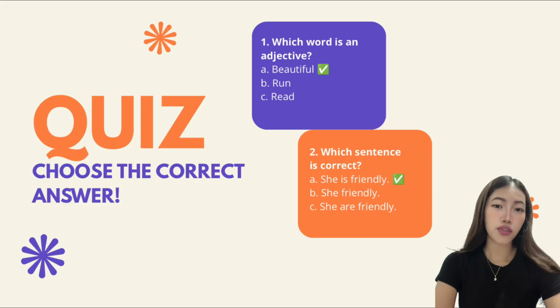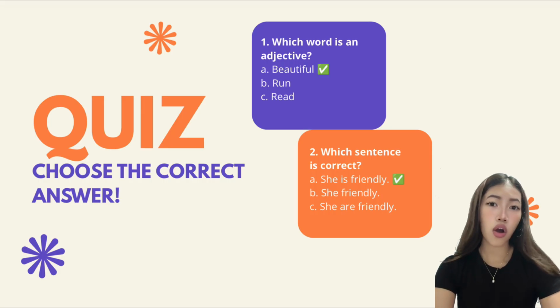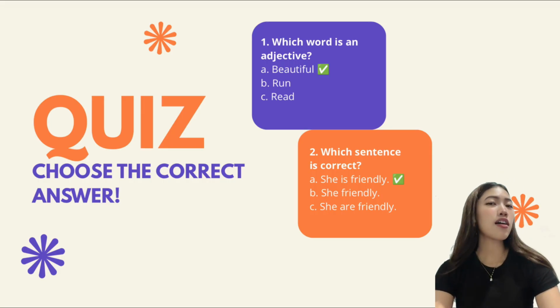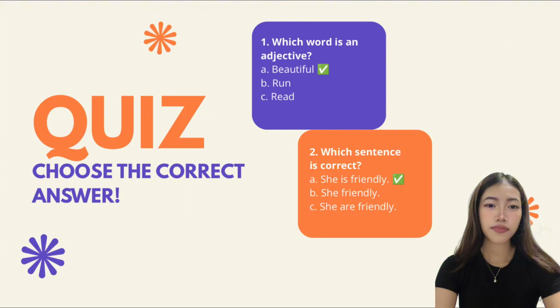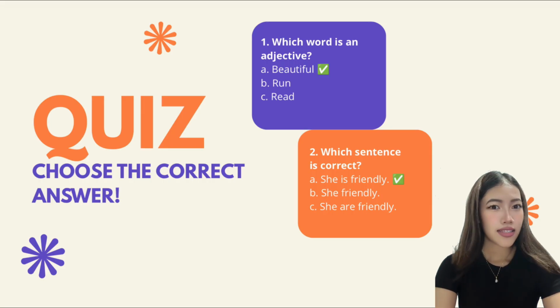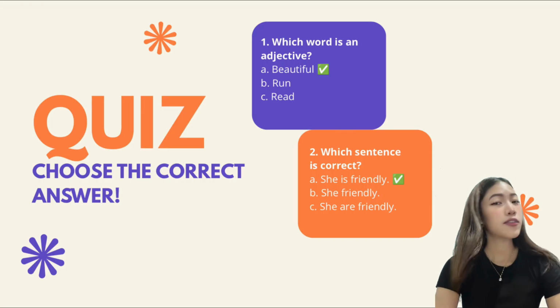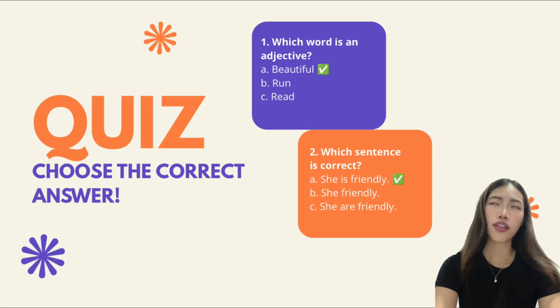Now, question number 2. Which sentence is correct? She is friendly or she are friendly? Yes, the correct answer is she is friendly. Great job! I hope you got both answers right.